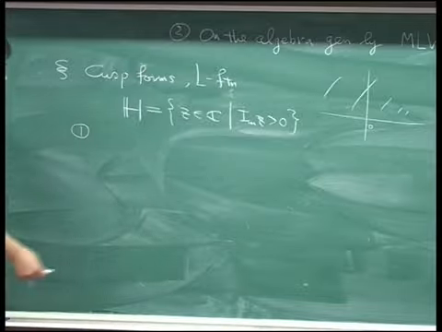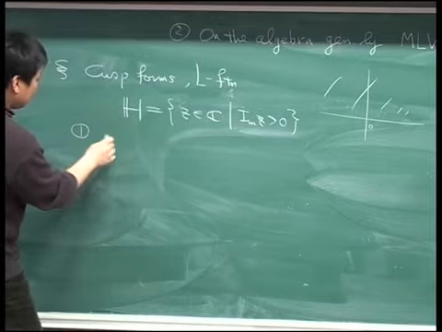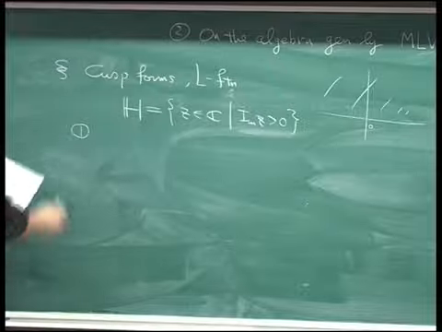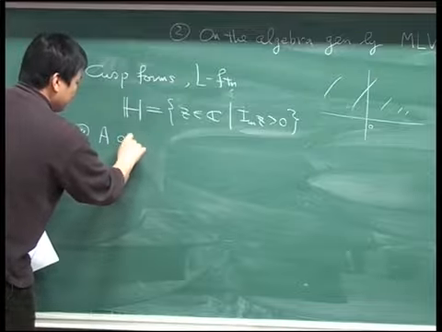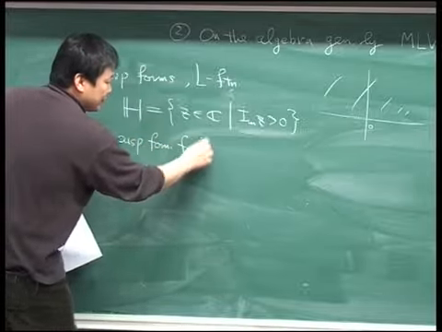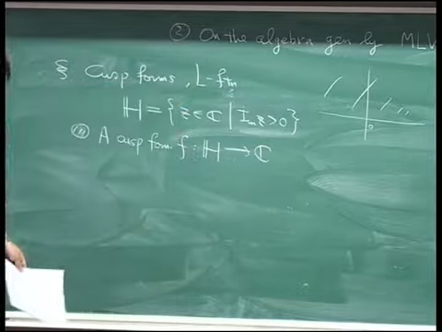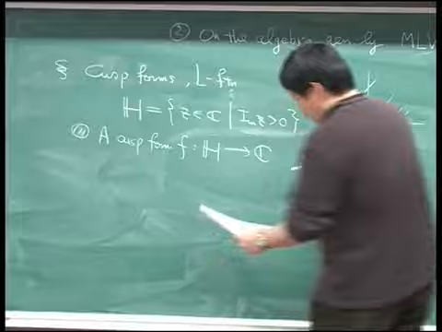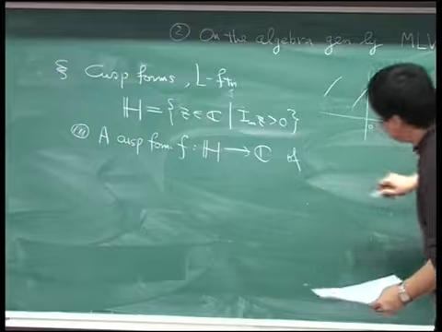We require some symmetry on the cusp form. So I skipped, sorry. A cusp form f is a complex-valued function defined on H, and this is holomorphic, and I want a more precise definition.